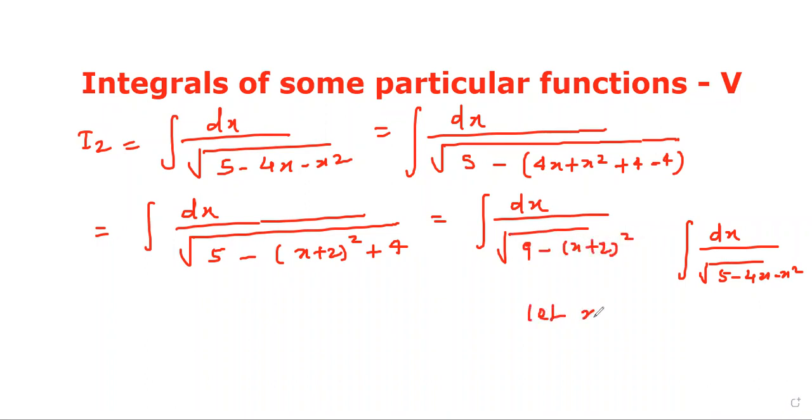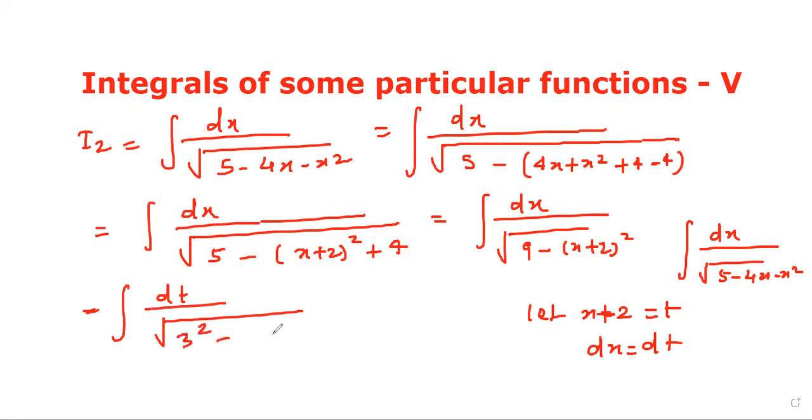Let x plus 2 equal to t, or dx equal to dt. So our question becomes integration dt upon root of 3 square minus t square. And it is of the form integration dx upon root of a square minus x square, which gives sine inverse x upon a.